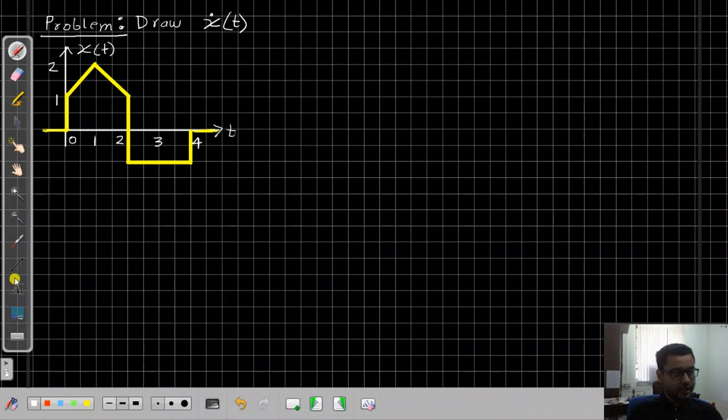How do we do that? Observe that in this part x(t) is constant, so the derivative will be 0 here. So the derivative is 0. So this is x dot t.